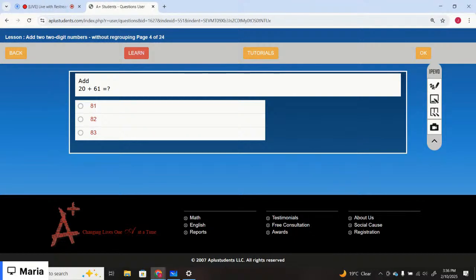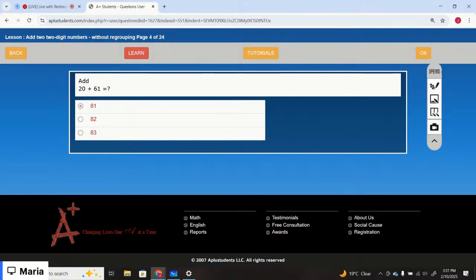20 plus 61, which is the correct option? That is 81.